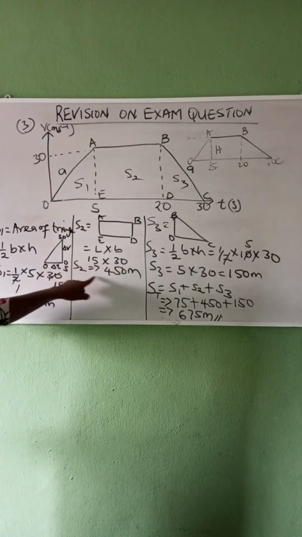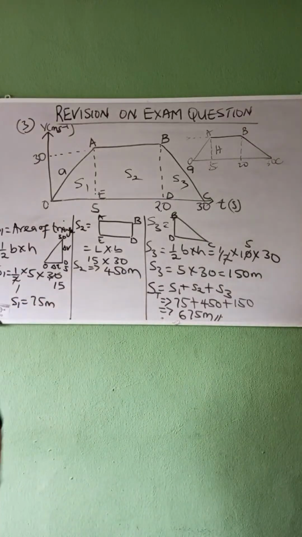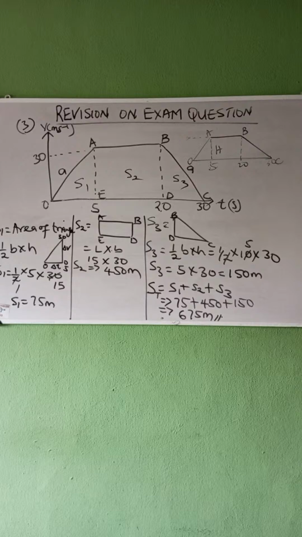By the time I multiply, I will get what? 450 meters. Is that clear? Are we clear now?